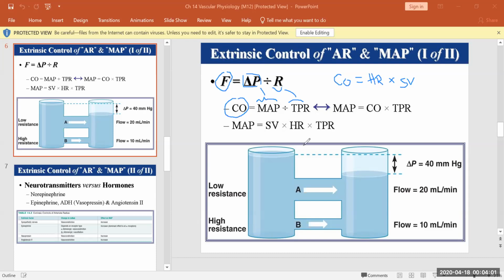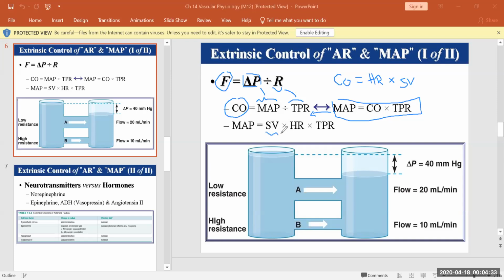Now, if you pay attention, we can rearrange this equation over here. So MAP equals cardiac output times total peripheral resistance. Since CO equals HR times SV, you convert that down here. You see MAP equals HR times SV times TPR.